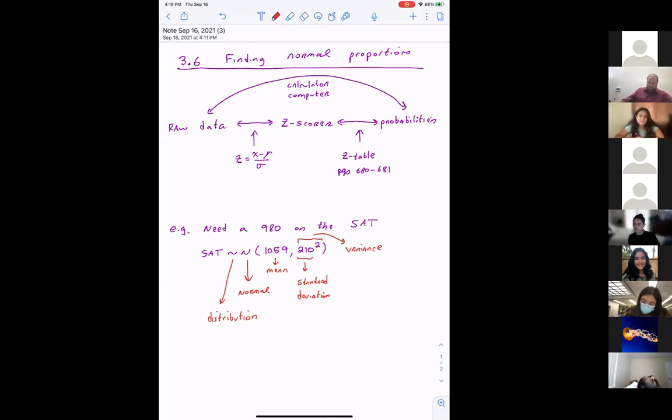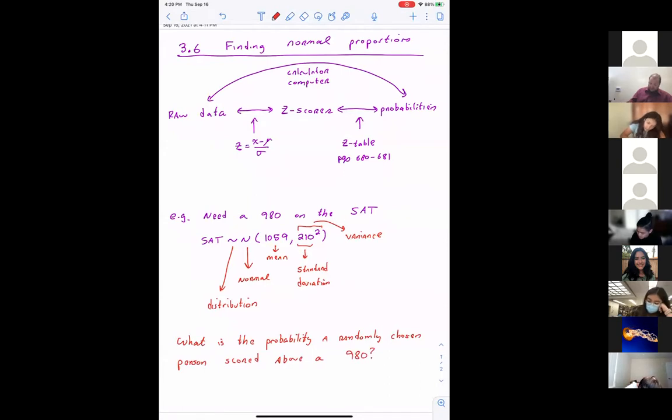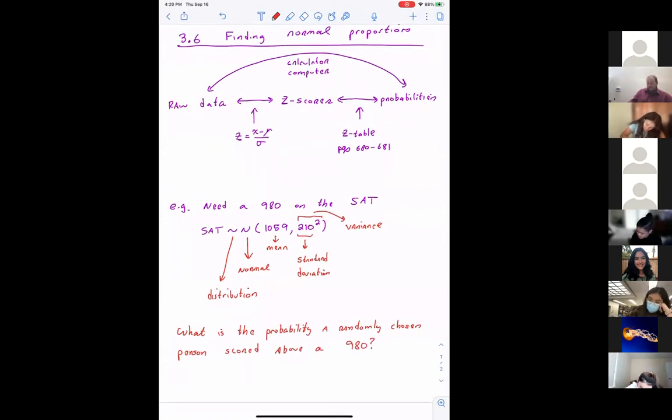So the question is, what is the probability a randomly chosen person scored above a 980? This is the question that we're looking for. What is the probability a randomly chosen person scored above a 980?